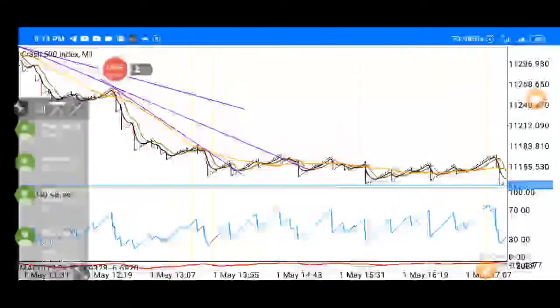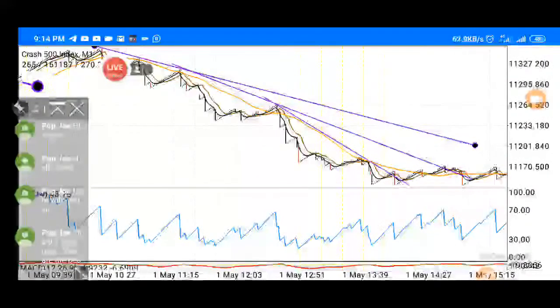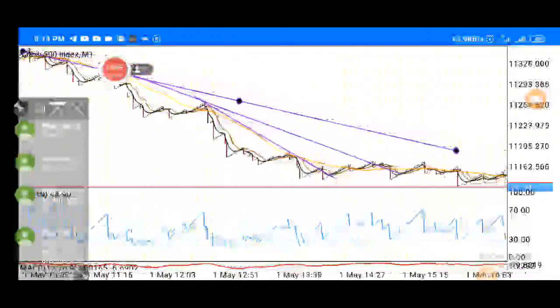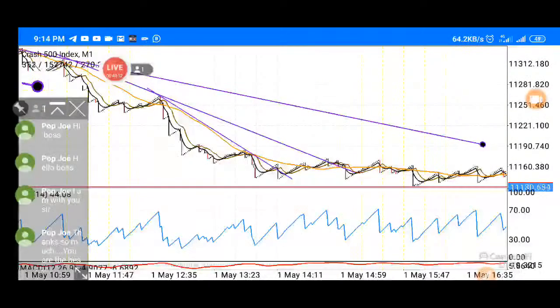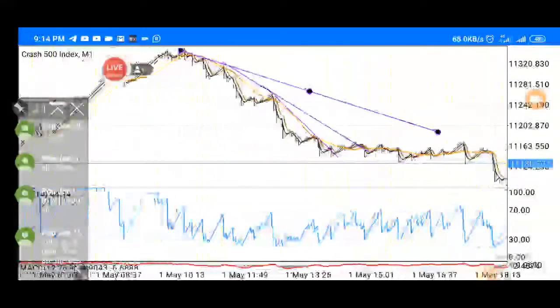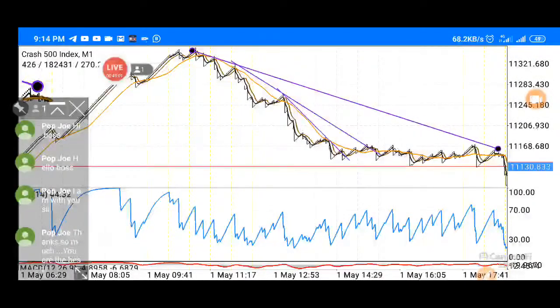So let's continue with this. Hope you understand how I'm drawing those trend lines. Make sure you continue the trend line until the trend has totally changed back to an uptrend.